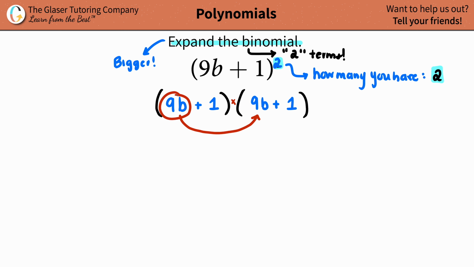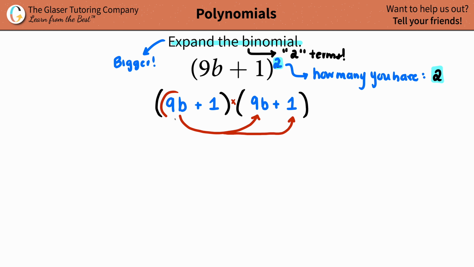So this 9b can multiply with this 9b, but there's another term. So now your 9b has to multiply with the other term. And if there was another term, well, then you would multiply by that. And if there was another term, you got to multiply by that. So you multiply as many terms as you have. So let's do the multiplication first, and then we will discuss the next term.